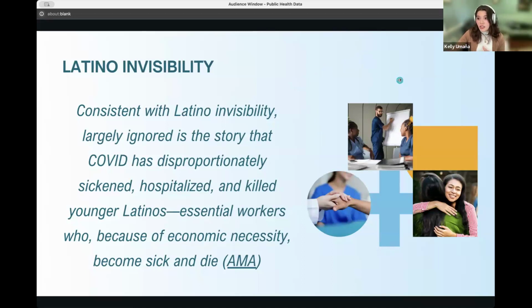So we're going to transition into some case studies, just really segueing into the conversation that Mary shared around what this looks like on the ground. Something that I appreciated that Mary shared is Latino invisibility. Research showed that Latinos were invisible during the pandemic, especially during the onset of the pandemic.